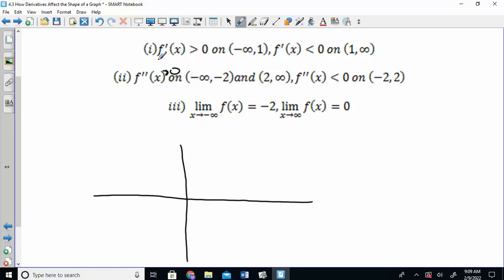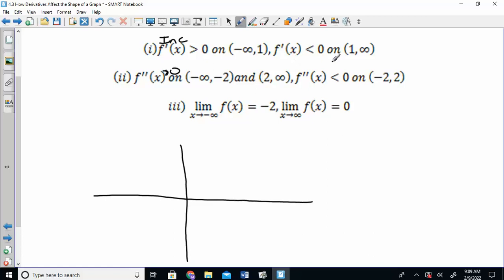So the first condition says the first derivative is greater than 0. If my first derivative is greater than 0, what does that tell me my original graph is doing? Increasing. So that means it's increasing from negative infinity to 1.